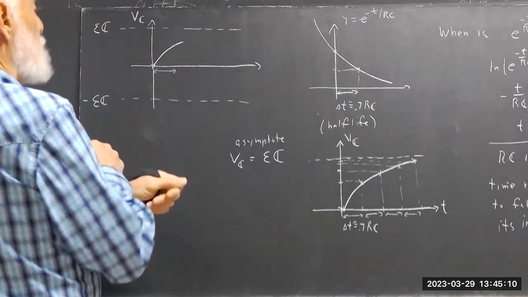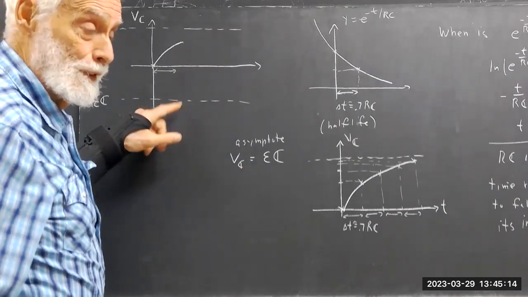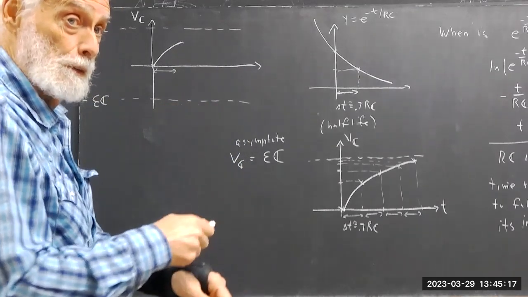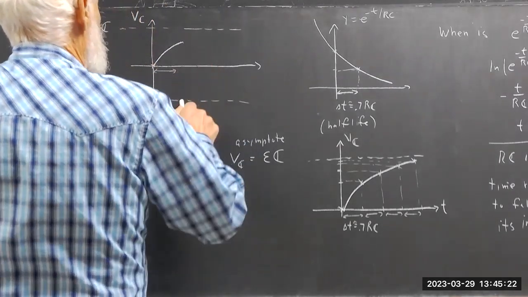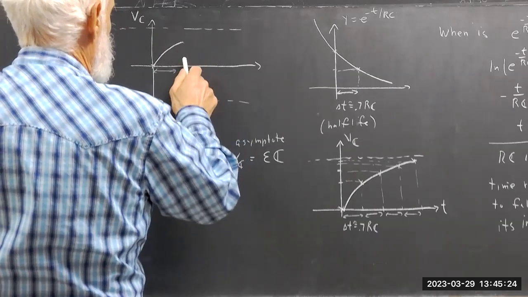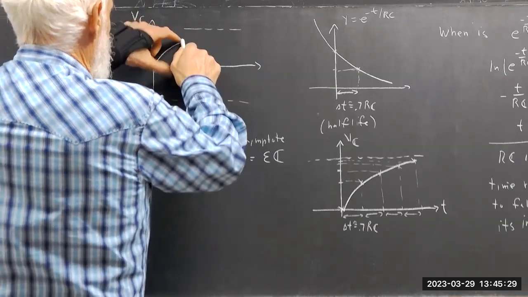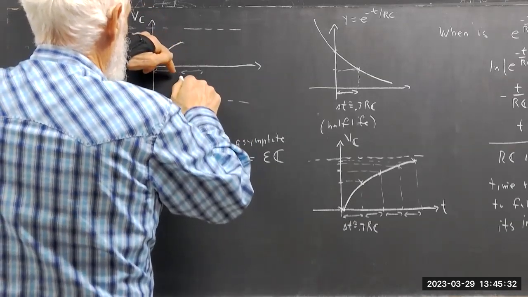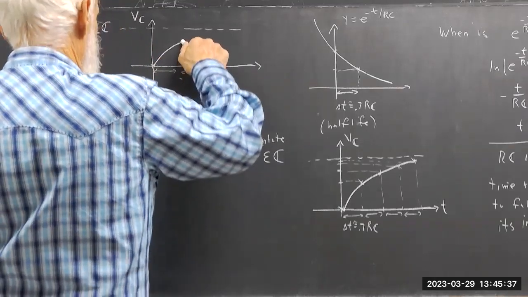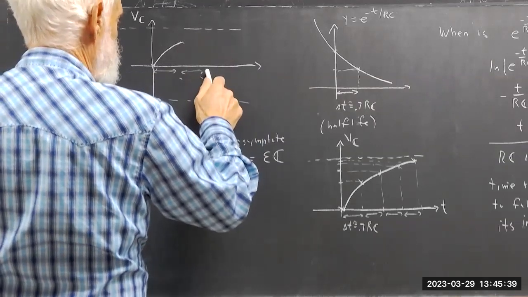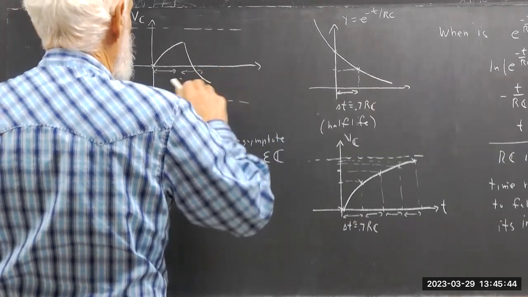Then we switch leads, and now it's going to start approaching this. Same EMF, but we just reverse it. So it's going to approach this with the same time constant. Halfway from here to here is going to be about here. So by the time we get here, it's going to be down to here, and then it's going to continue on a little ways.